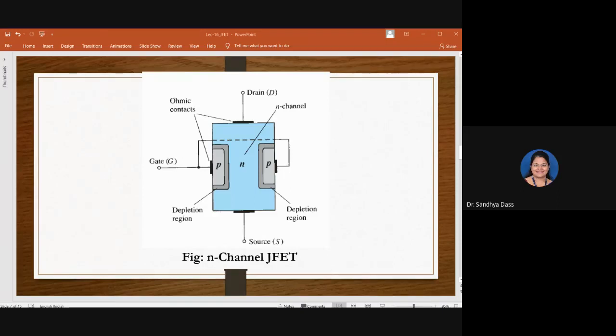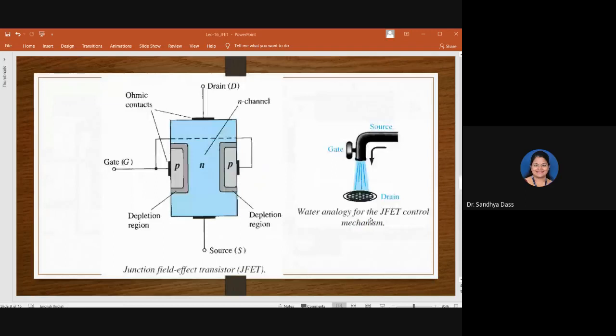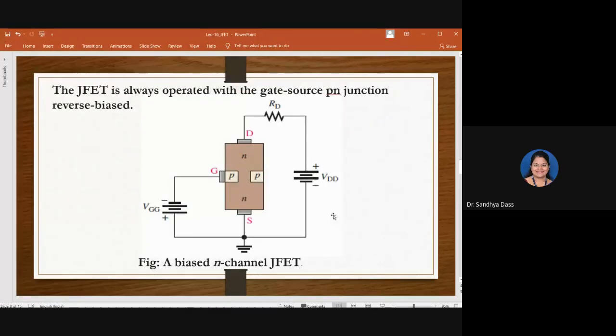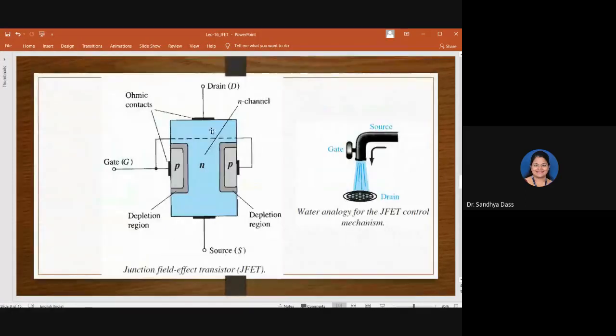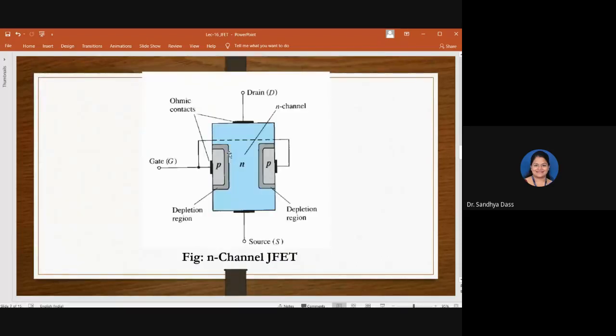There is a depletion region at the junction. I hope you are able to understand and recall why it is so, right? So even when no voltage is applied, there is a depletion region formed.